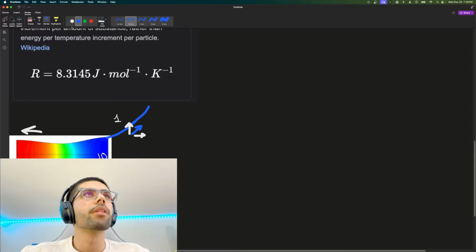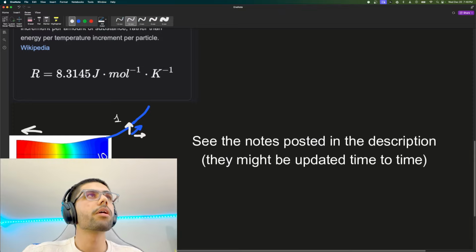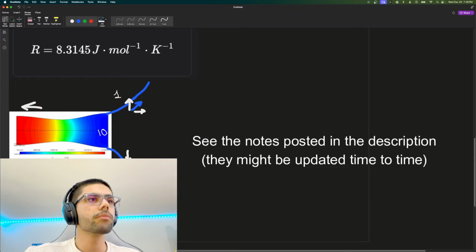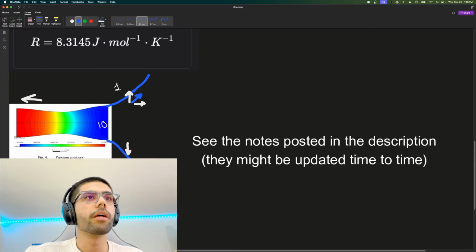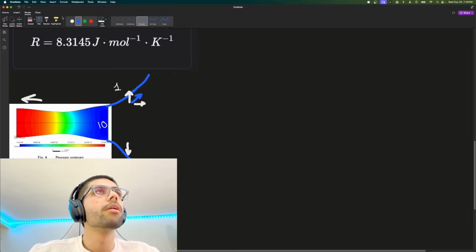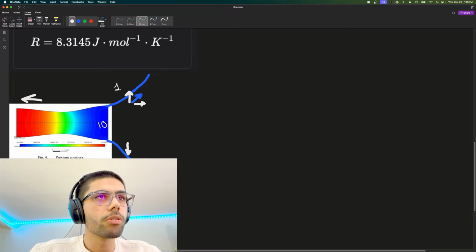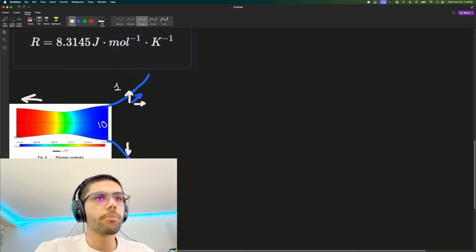So now let's discuss the case where the pressure at the exit of your nozzle is lower than the atmospheric pressure. Let's say atmospheric pressure is 1 and your pressure is 0.5.